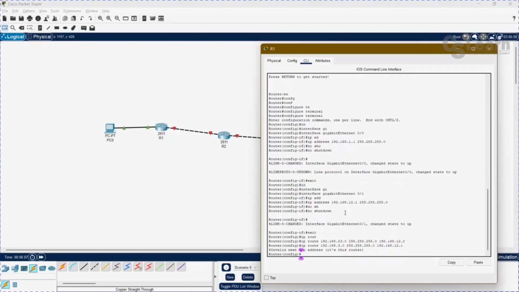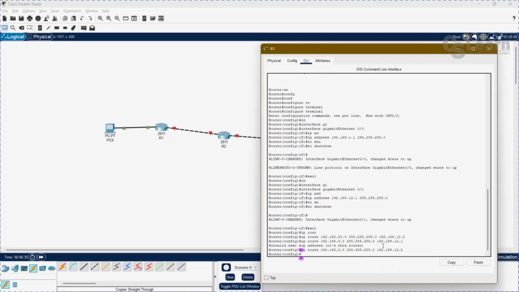So we are creating the route. Sorry, 12.2, I mistyped, 12.2.